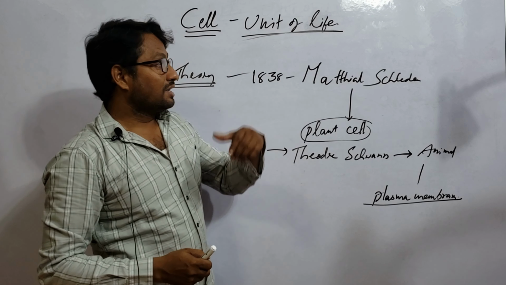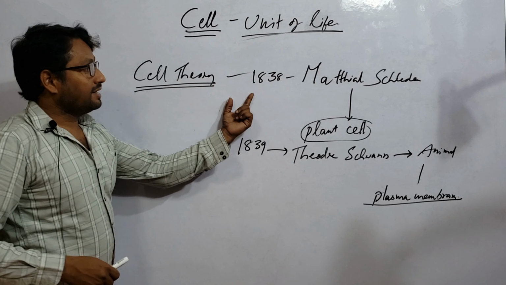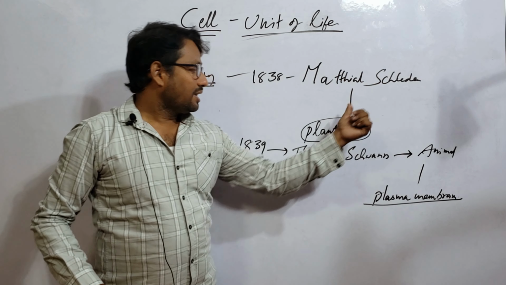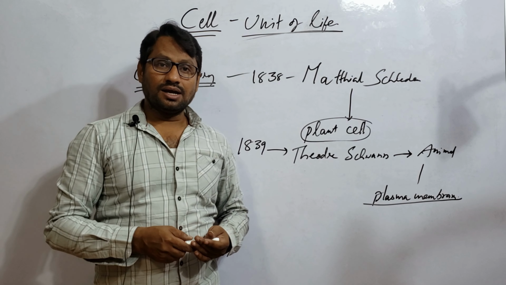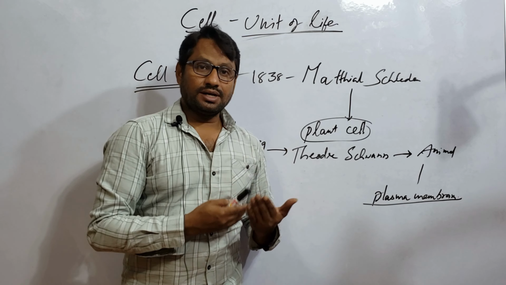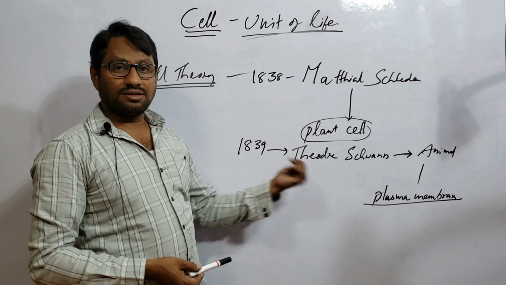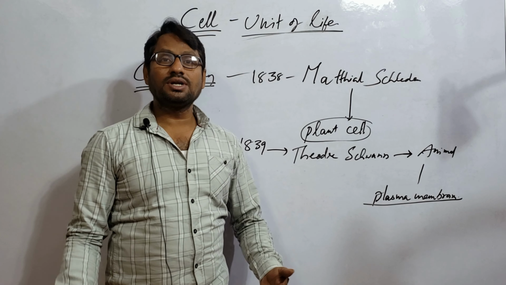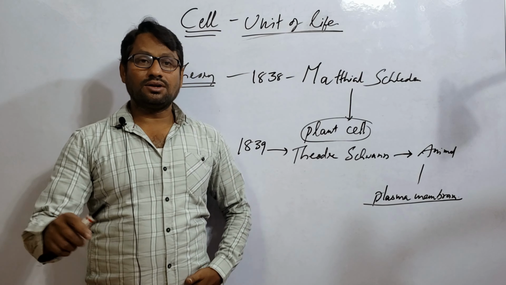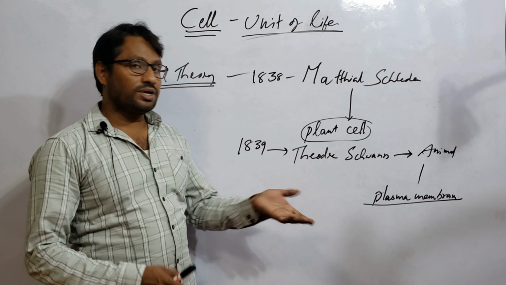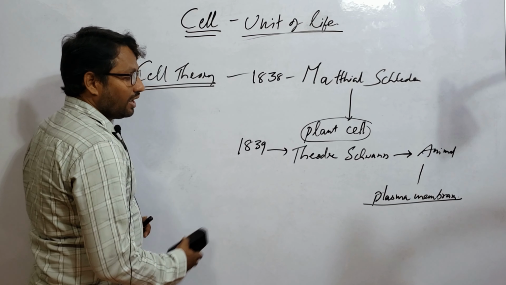So in 1838, a German botanist called Matthias Schleiden observed different types of plants and found that the plant tissue is made of different types of cells. During the same time, another, British zoologist, in the year 1839, Theodore Schwann, observed animals and found that all animal cells have a unique layer outside, which is today known as the plasma membrane.